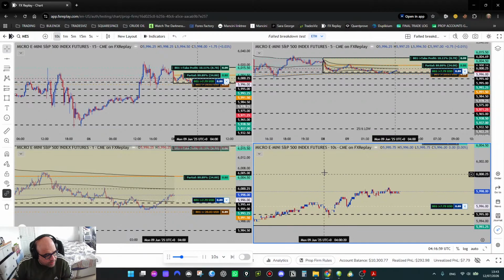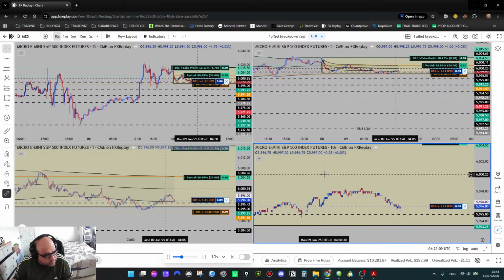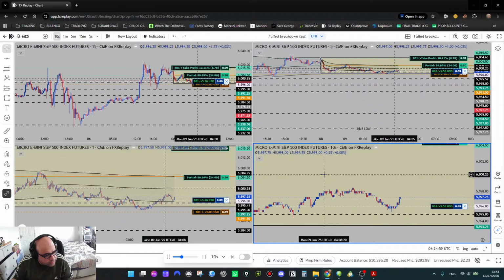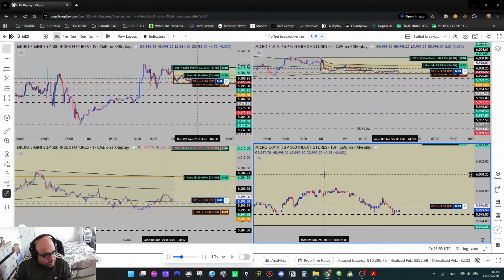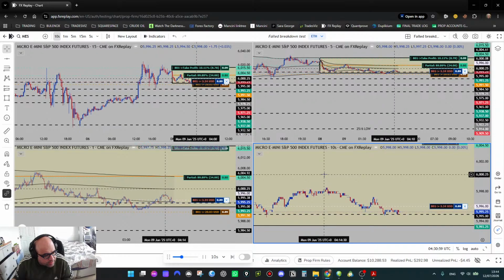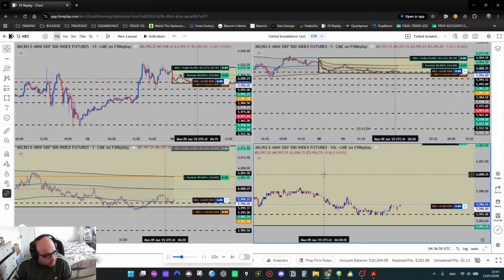The VWAP is about here. As I said, these are low probability trades due to the hour, but you never know.